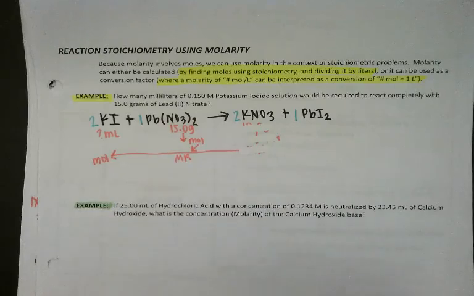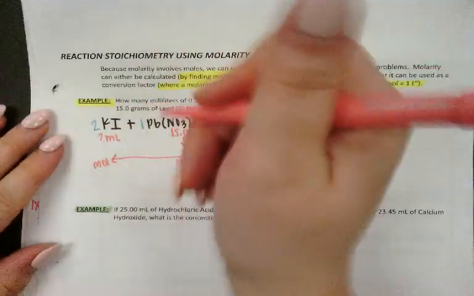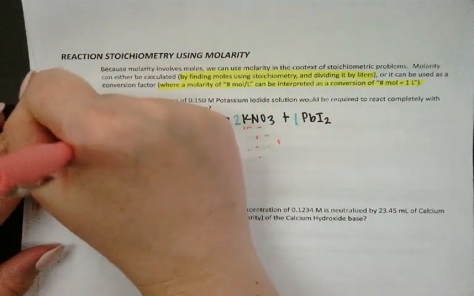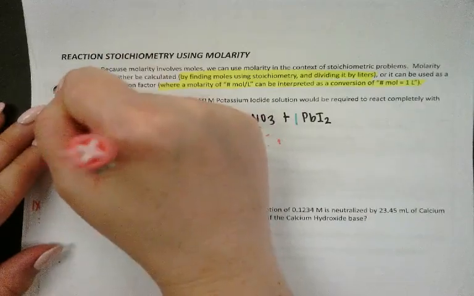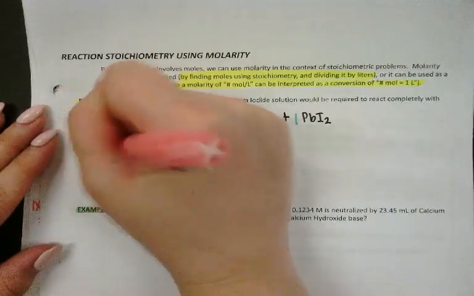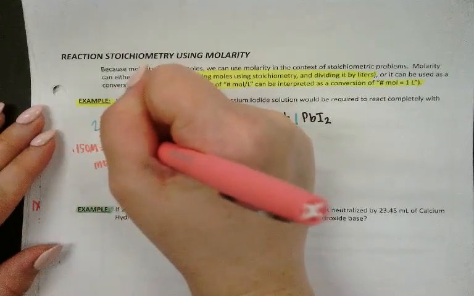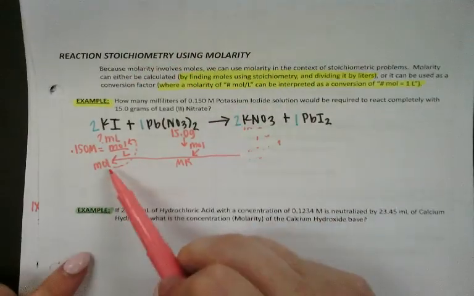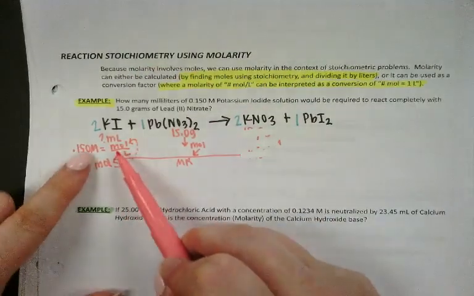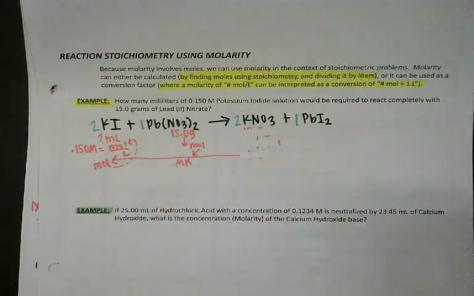I need to find liters, right? I have a mole value. And what other value do I have? Molarity. So then I can use my molarity value right here. And this will give me liters, and then I can go from liters to milliliters.